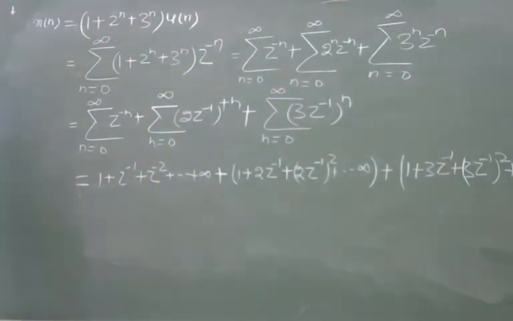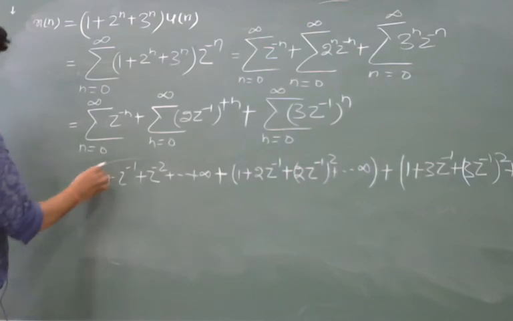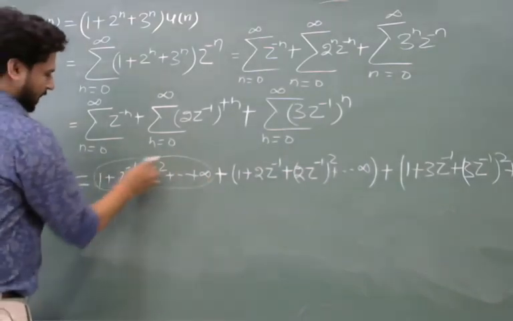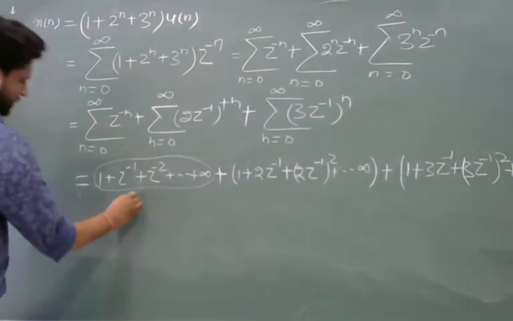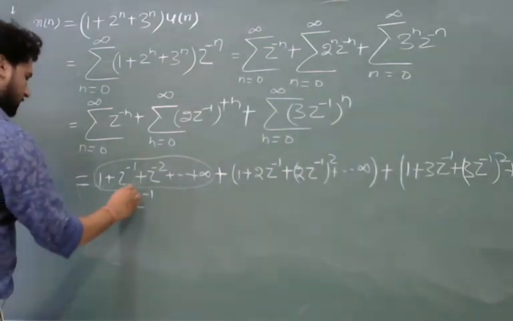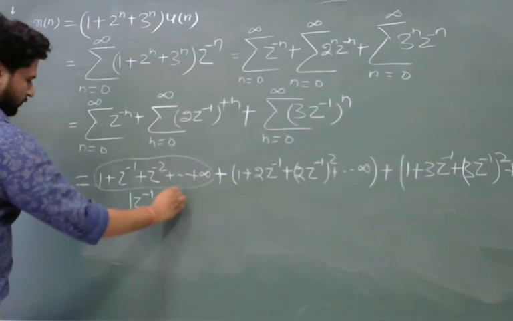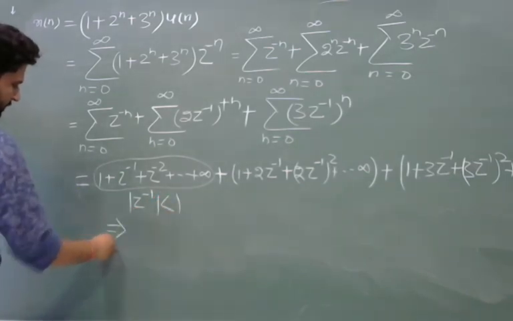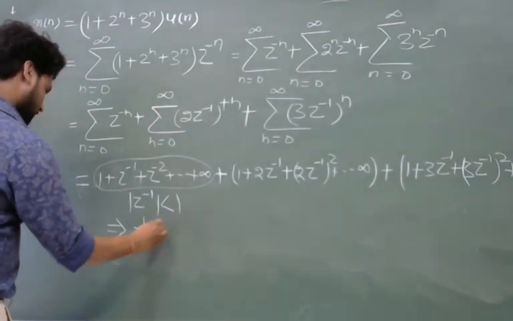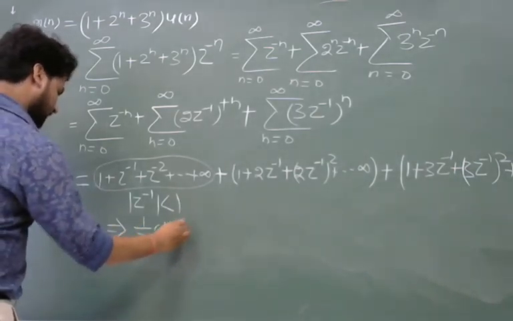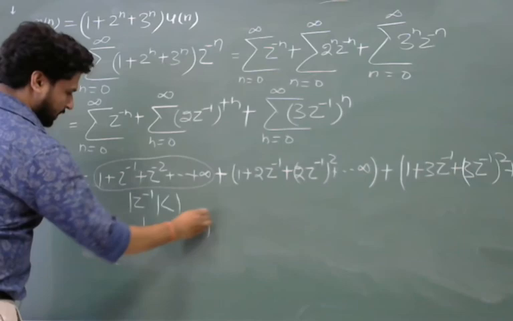Now again this is a sequence of an infinite number of terms in GP, but the condition is that z inverse should be less than 1, meaning 1 by z should be less than 1. It means that z should be greater than 1.